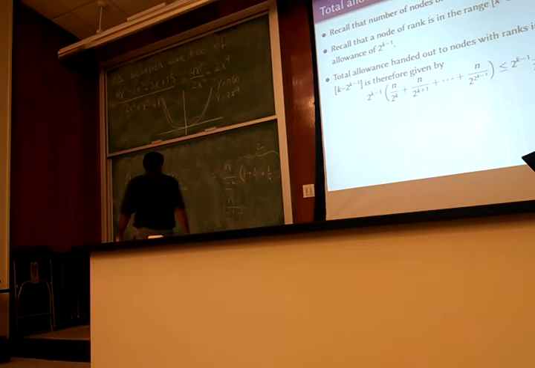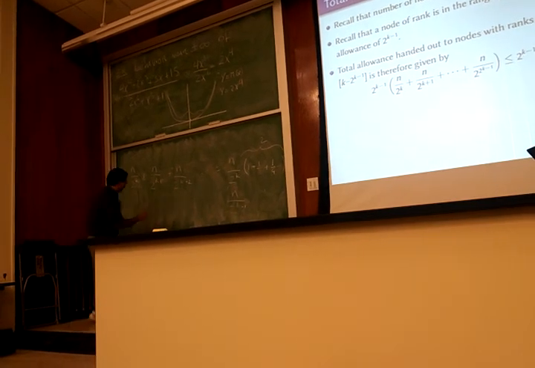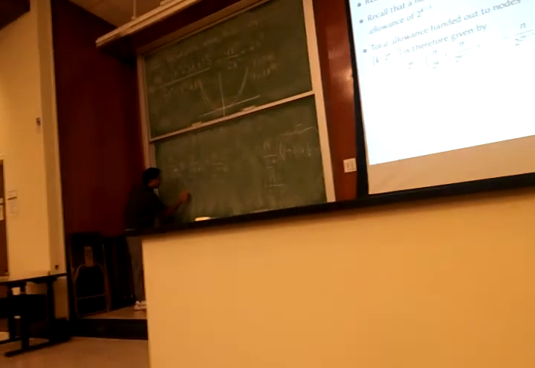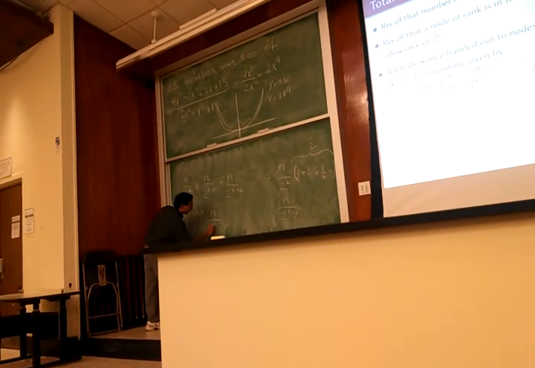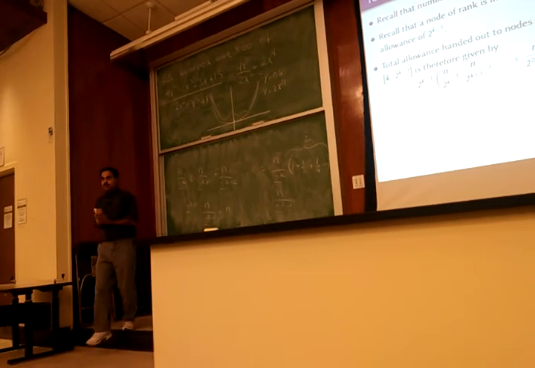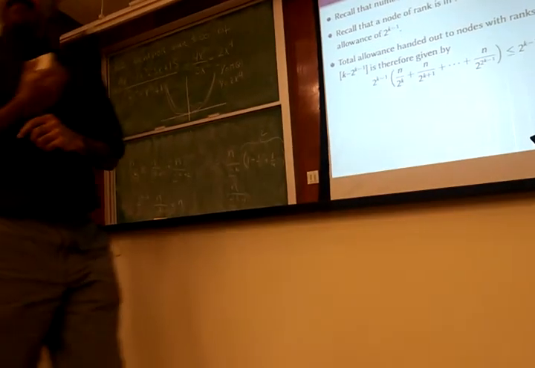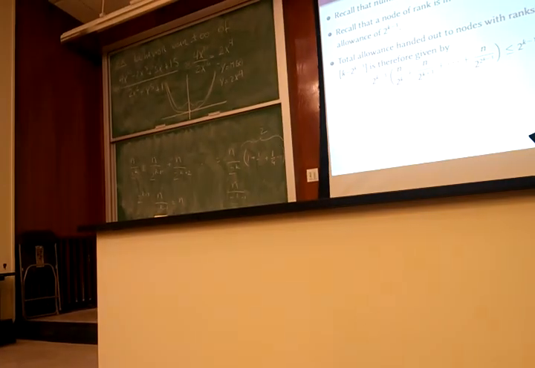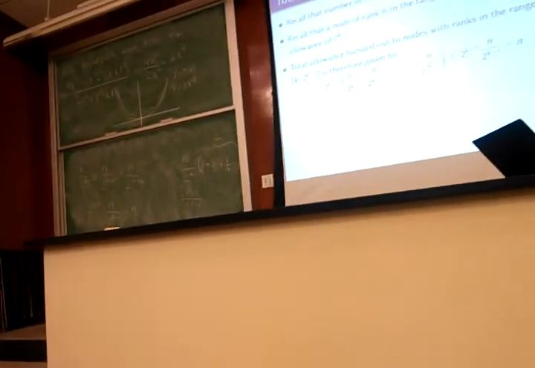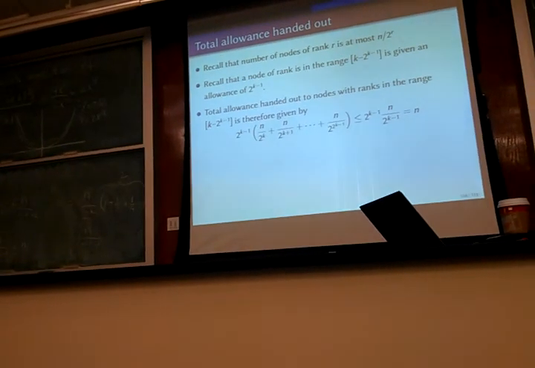So the total allowance we gave for all the nodes in this range is 2 to the power k minus 1 multiplied by n by 2 to the power k minus 1, which is equal to n. So we have given a total allowance of n to each of these ranges. And how many ranges are there? Log star n ranges.